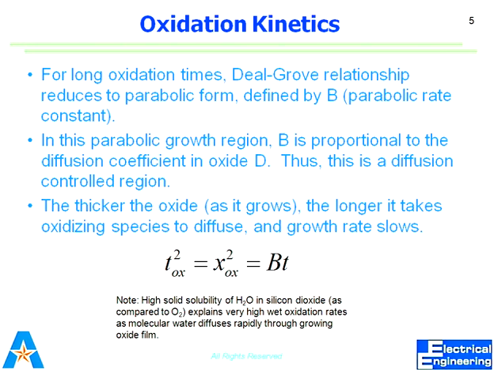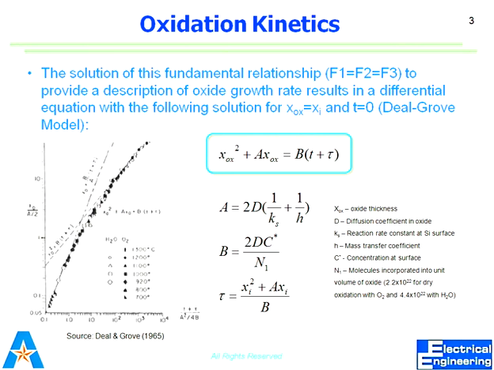If X oxide is very small, what can be ignored? This X square can be ignored. So from that relationship, if X oxide square is ignored, I'll have AX is equal to B(t plus tau). We are not ignoring tau here because it's equal to or less than.